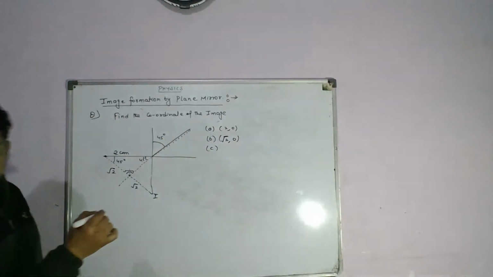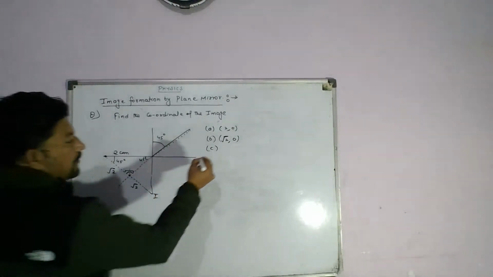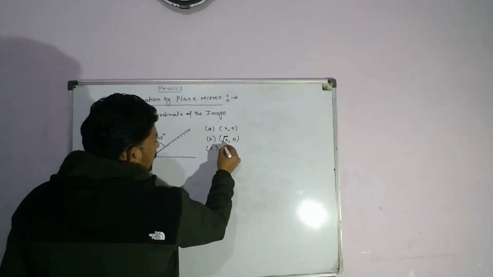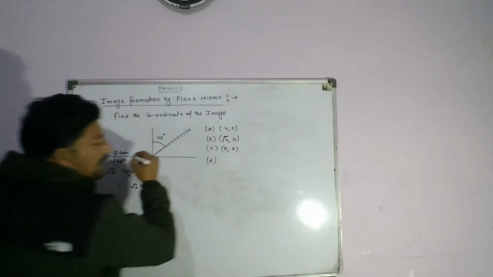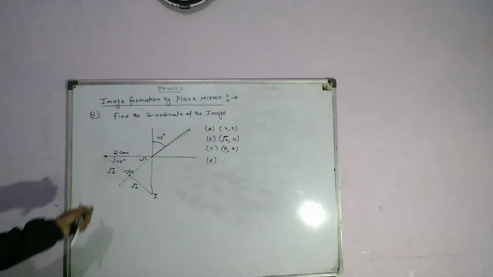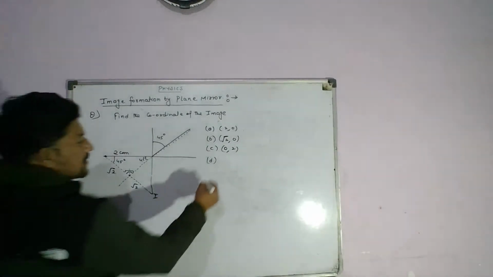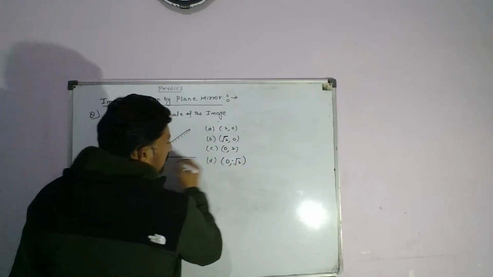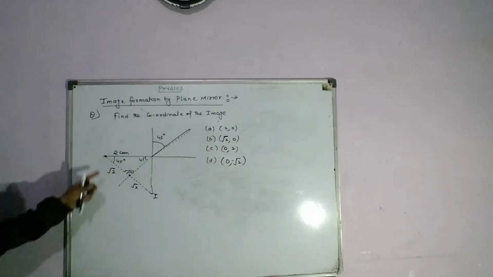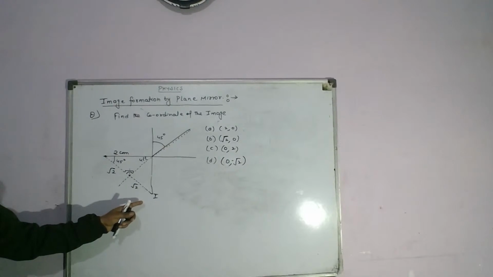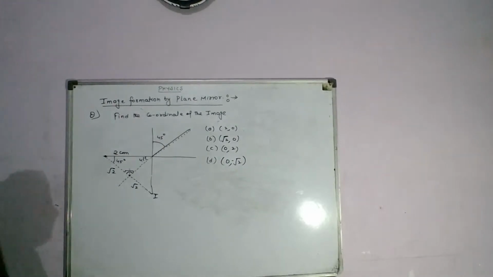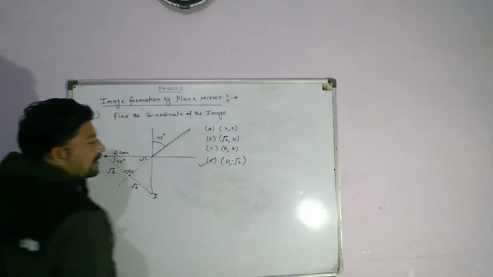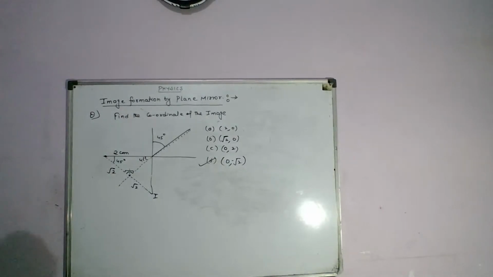Your third option is 0, 2, and your last option, because I proved it, is 0 and minus under root 2. So you can see the coordinate. The answer is D, 0 and minus under root 2 is the right answer.